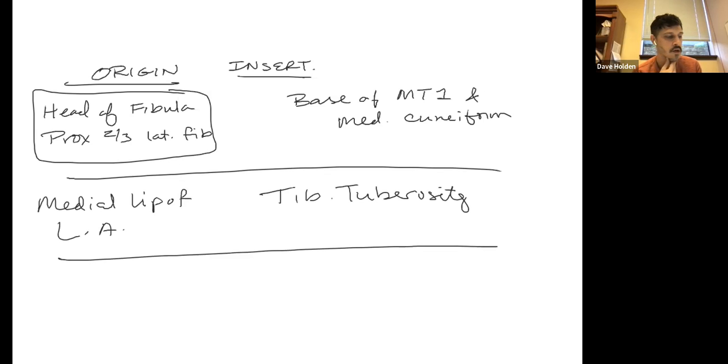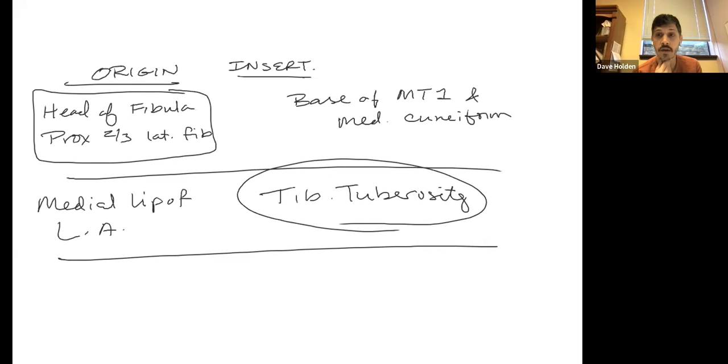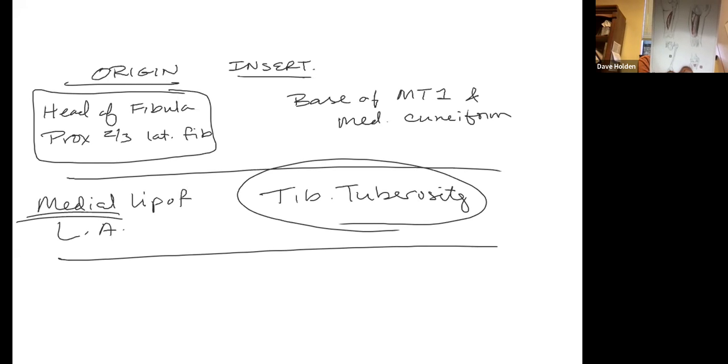My first clue, which group of muscles all share the common insertion? Quads. Now, of the quads, which one has the word medial in its name? Vastus medialis.